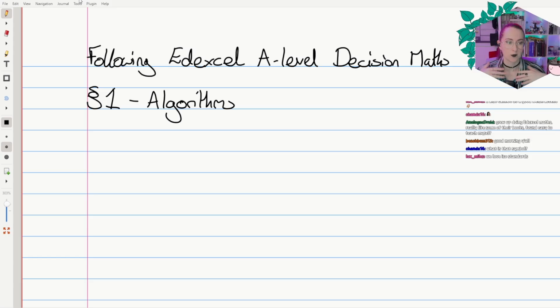So using something really familiar like making a cup of tea was a really nice way to show people that when you write out instructions, and this is true for maths and proofs as well, you have to be clear, concise, and unique in what you're saying so that there isn't ambiguity.